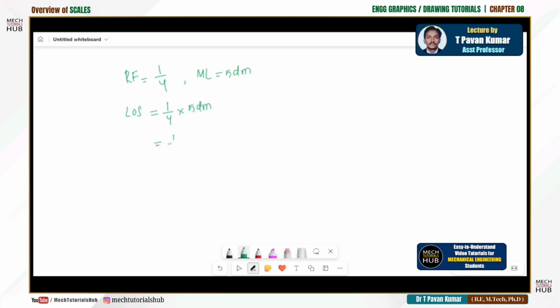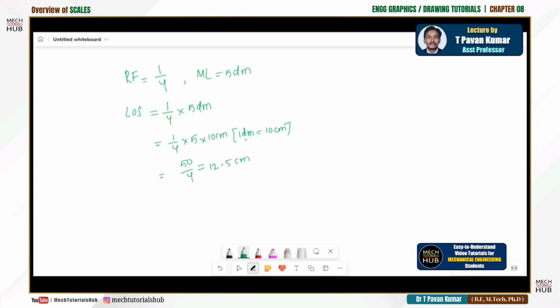To convert decimeters to centimeters, 1 decimeter is equal to 10 centimeters. So I'm multiplying 10 with 5, and I get 50 by 4, which is finally 12.5 centimeters.